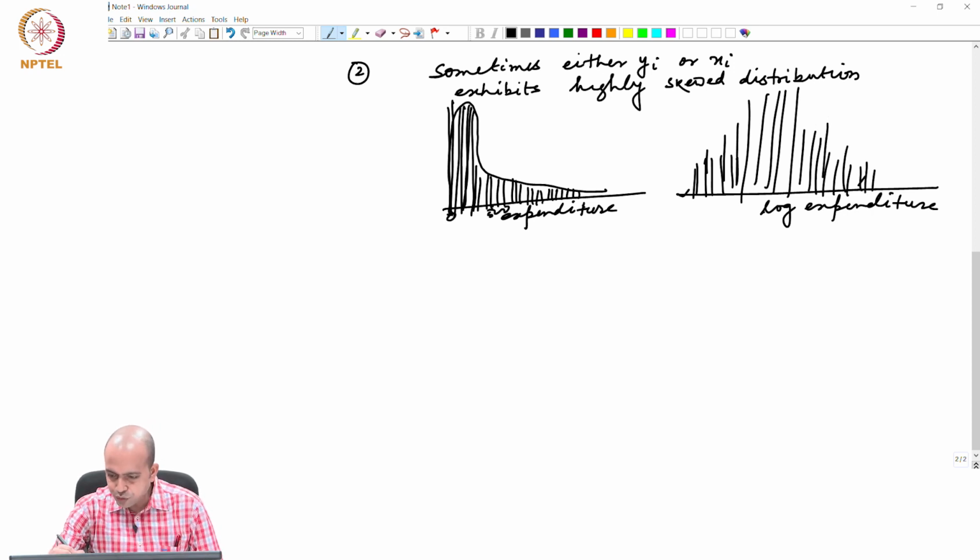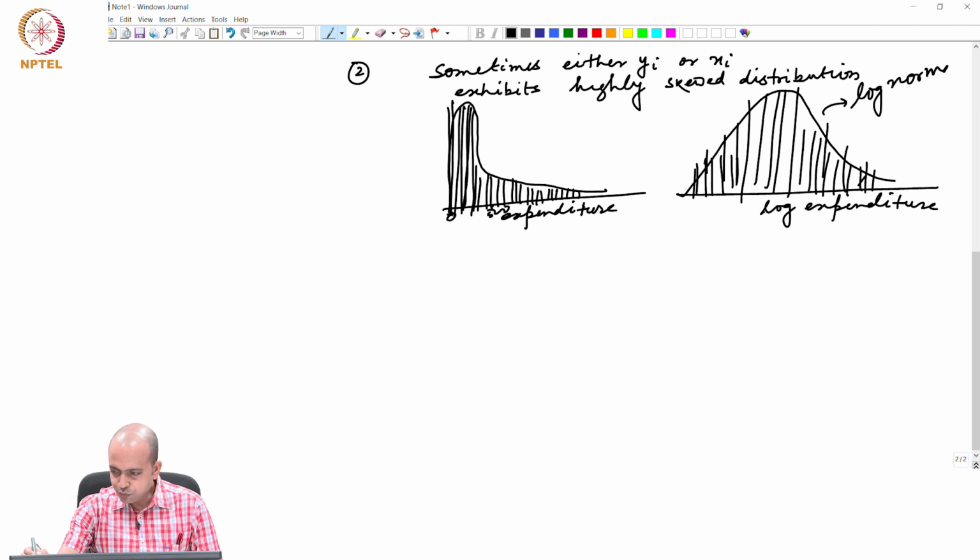So, that means it will be more or less normal, which is called a log normal distribution. So, the distribution becomes normal after logarithmic transformation.